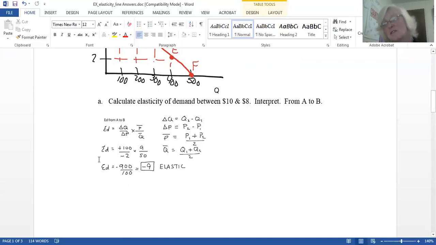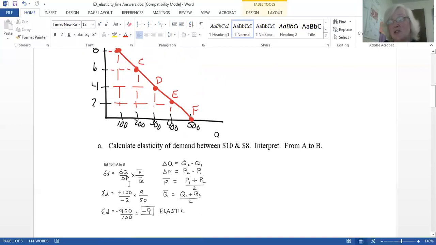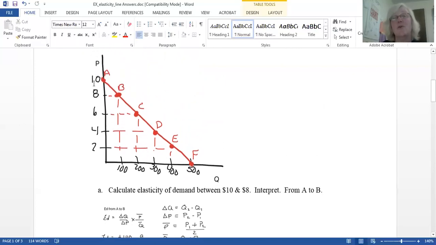So what I did was, in the second step, I replaced these 4 unknowns with what we know. And so moving from A to B, you can see that my quantity went from 0 to 100. So my change in quantity is plus 100. So I put that in there on the top of this first fraction. The change in P, though, went from 10 to 8.